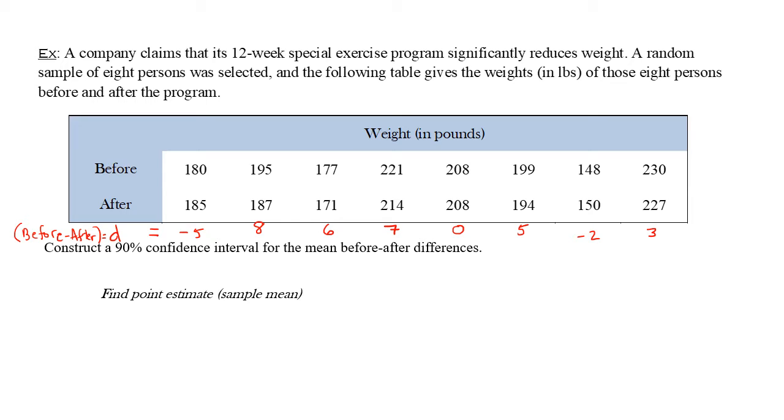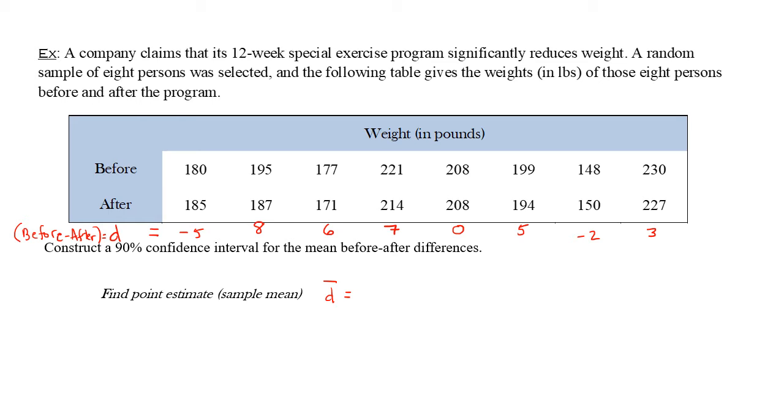I'm going to construct a 90% confidence interval for the mean before minus after differences. Our point estimate would be the mean of this sample, which we can easily compute. One way you could do this is to enter the data into a list, which makes it easy to compute any stats we need.